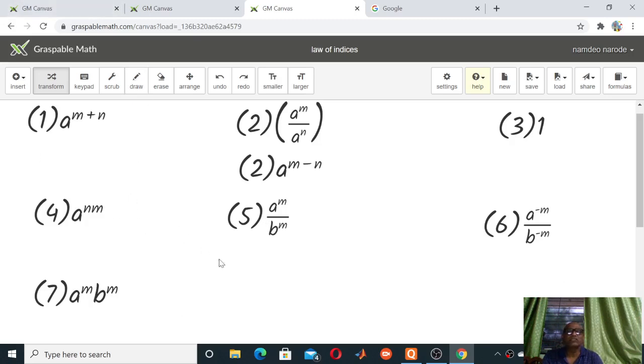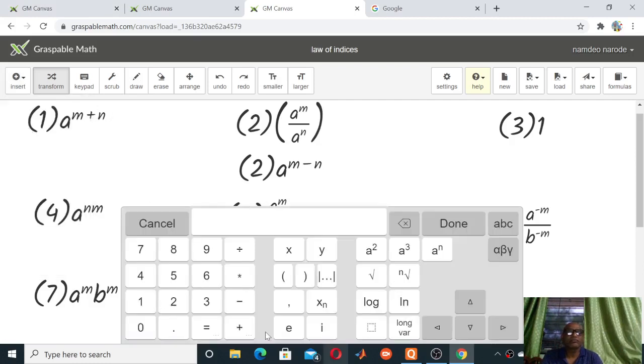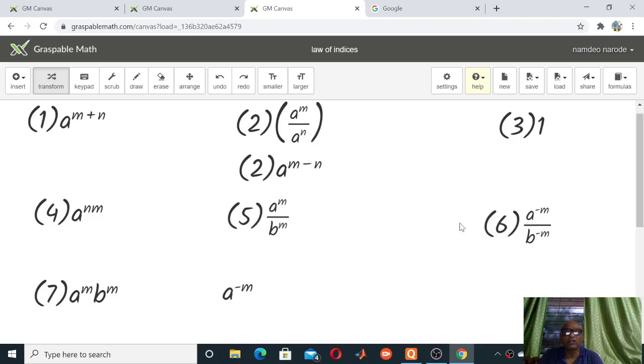In case of the sixth rule, a raised to minus m. If a raised to minus m, what becomes here?